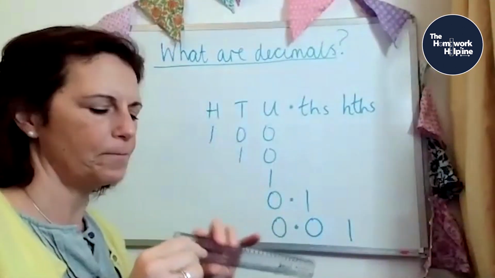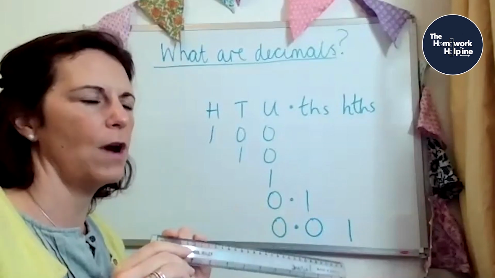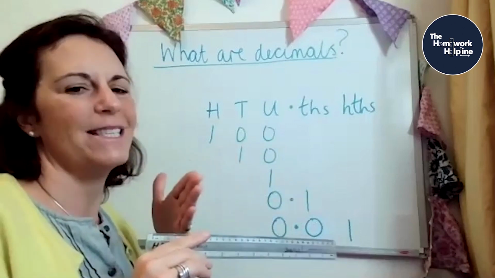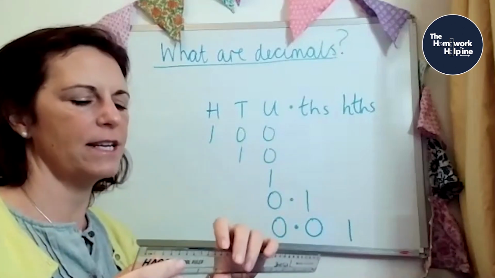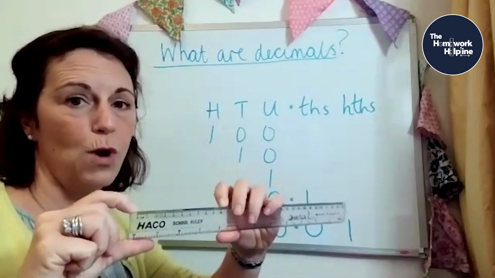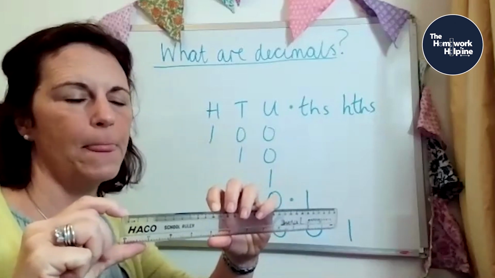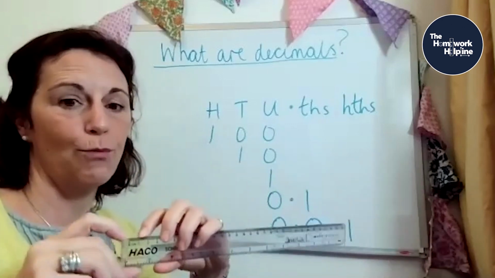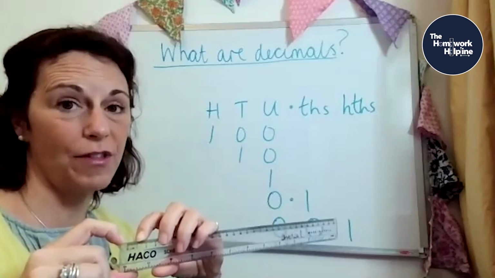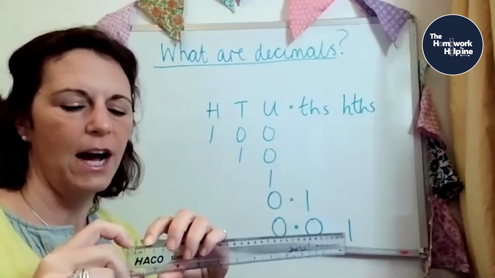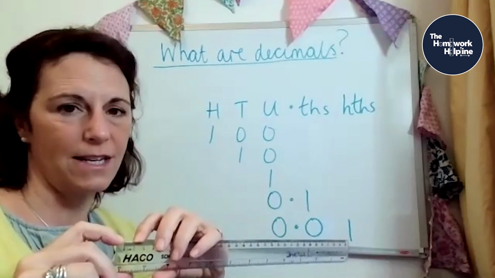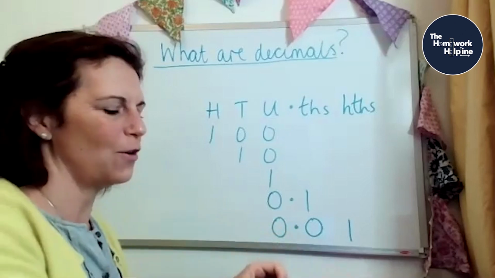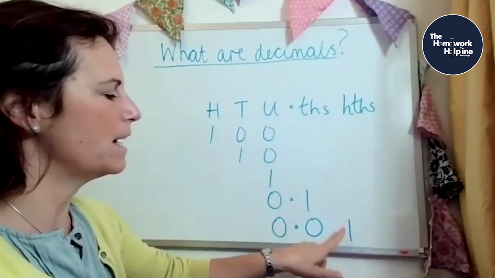If I have a meter ruler and you divide that by 10, then you have 10 centimeters. So that much is 1/10 of a meter. If I divide that whole meter ruler by 100, I only have 1 centimeter, and that is a 100th of a meter. And you can see, obviously, that 1 centimeter is a lot smaller than 10 centimeters. So hundredths go in here and they are smaller.